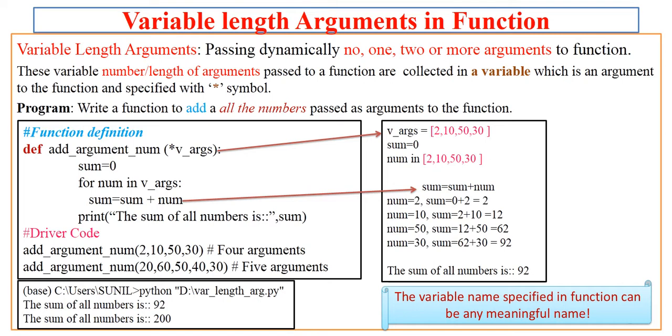That means whenever you want to pass variable number of arguments to the function, you need to specify a variable name in the argument part of the function, and that variable name should be preceded with star symbol. Just focus on the part I am pointing out.